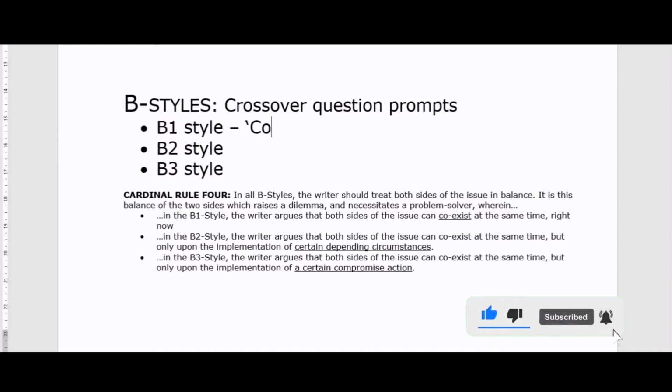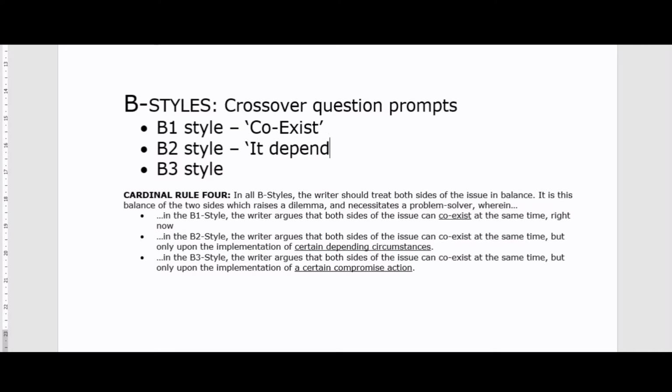the coexist, wherein the writer argues for both sides of the issue. And then other than that, we can also implement the it depends, wherein the writer argues that both sides of the issue are acceptable depending on certain circumstances.